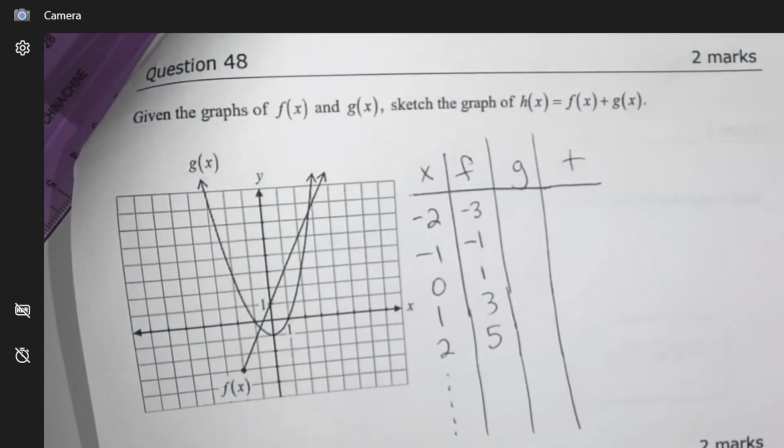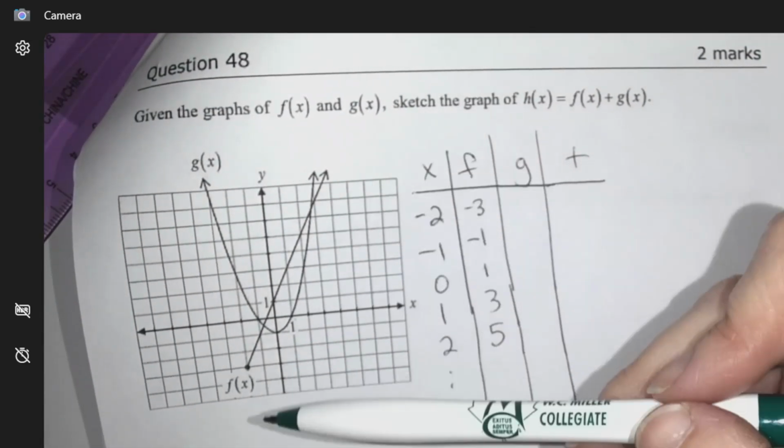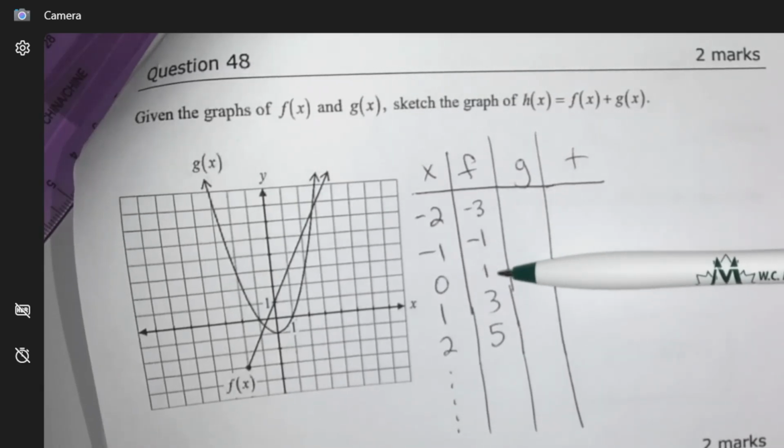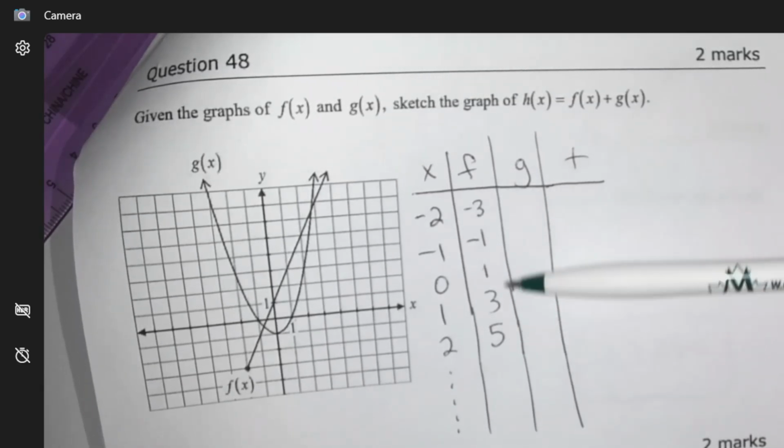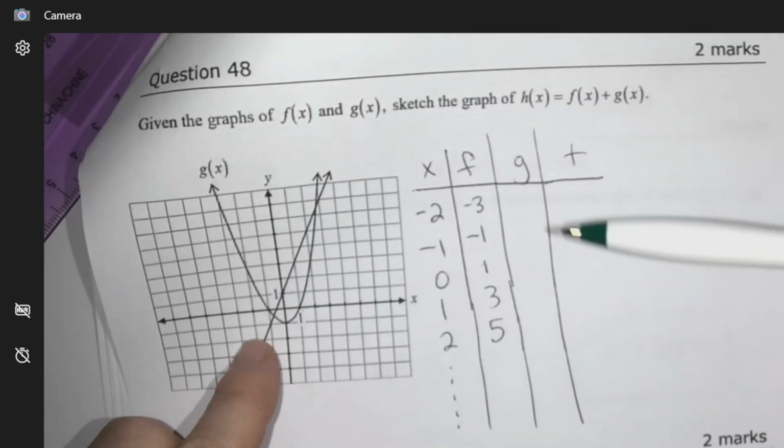Okay, so I got some f heights. That's that linear one. And some g heights.